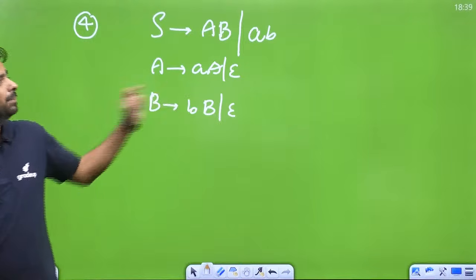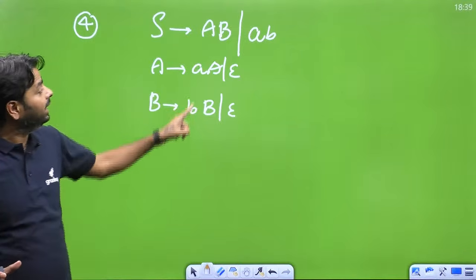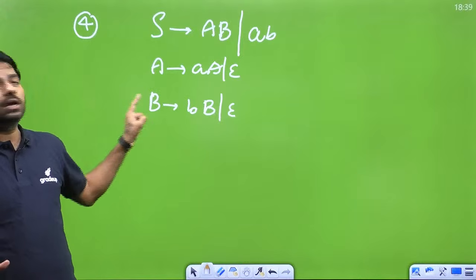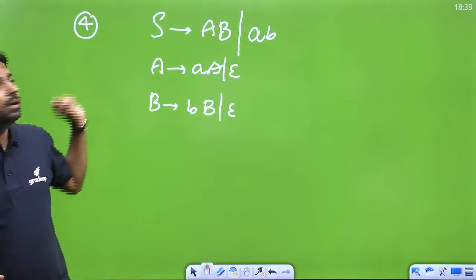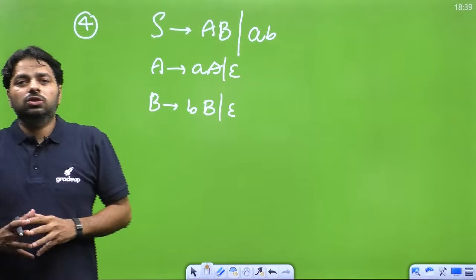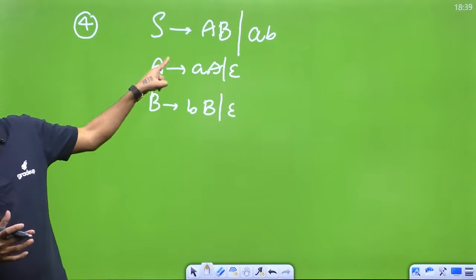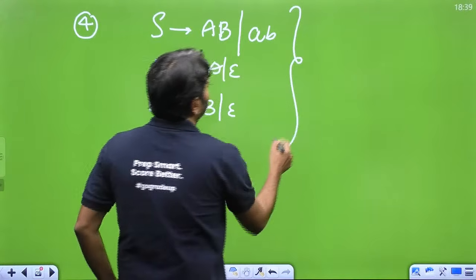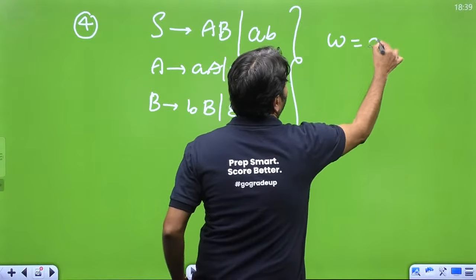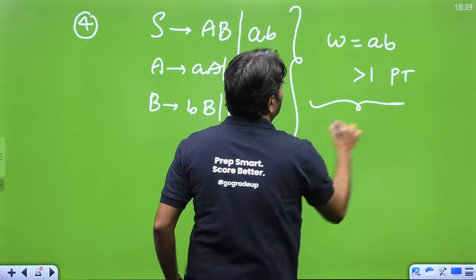This is one of the best examples where there is no left recursion and right recursion together. You can see the right recursion for A, right recursion for B, but there is no left recursion for A, no left recursion for B. S has no recursion at all. So directly you cannot answer now. You need to have the knowledge of the definition. Tell me, is it ambiguous now? Because now the string AB has more than one parse tree. It means ambiguous.